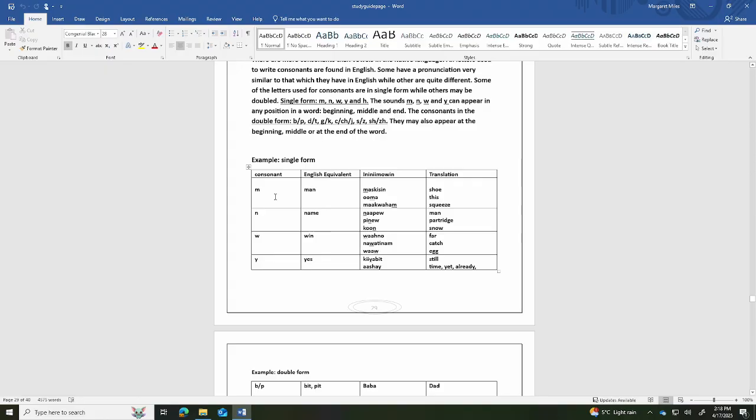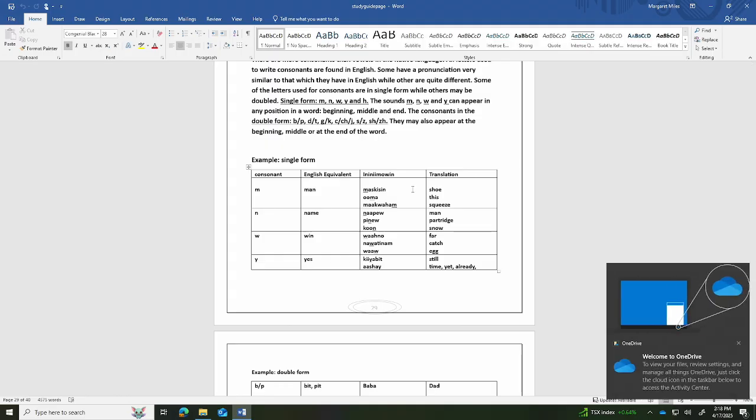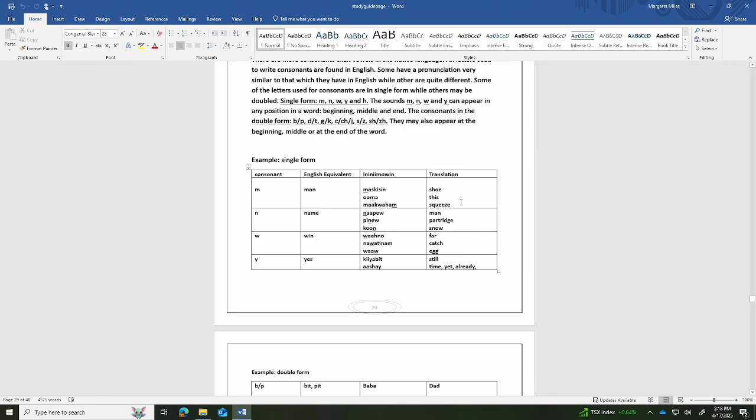The consonant M, and in the English equivalent, man. In the language, in Nimuan, maskisin, meaning shoe.